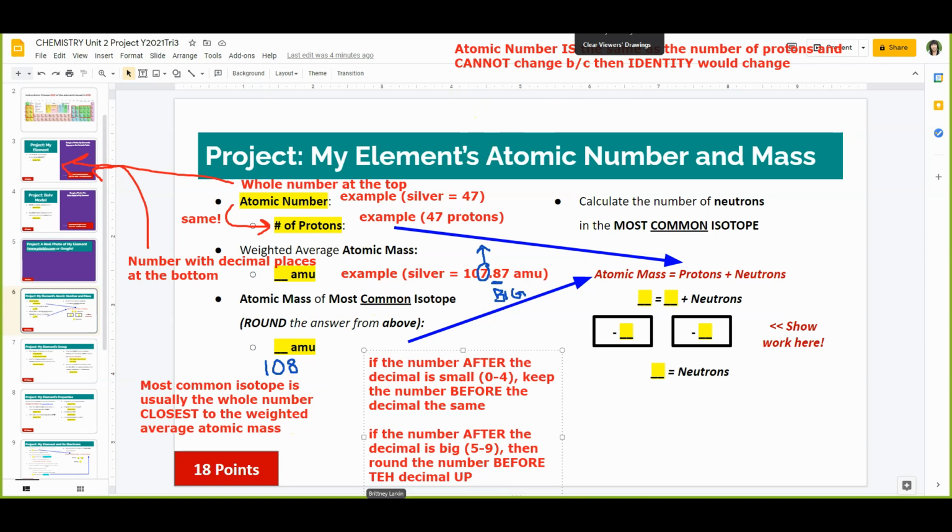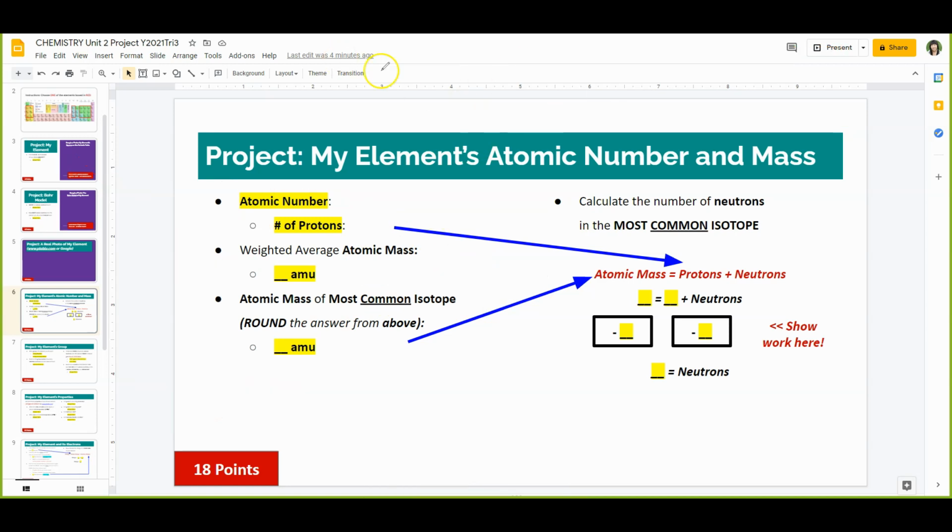Let me clean this up a little bit. We said for our example that there was an atomic number of 47 and therefore 47 protons. We said that the average atomic mass was 107.87, and therefore rounding that, my most common isotope is 108 AMUs.